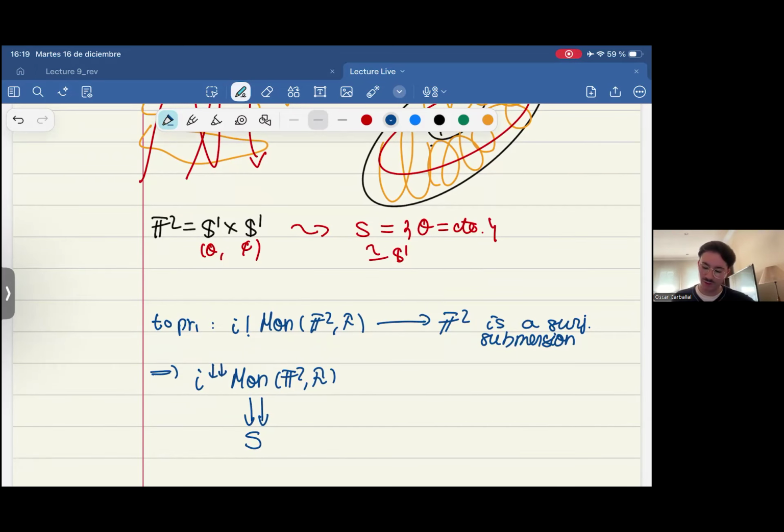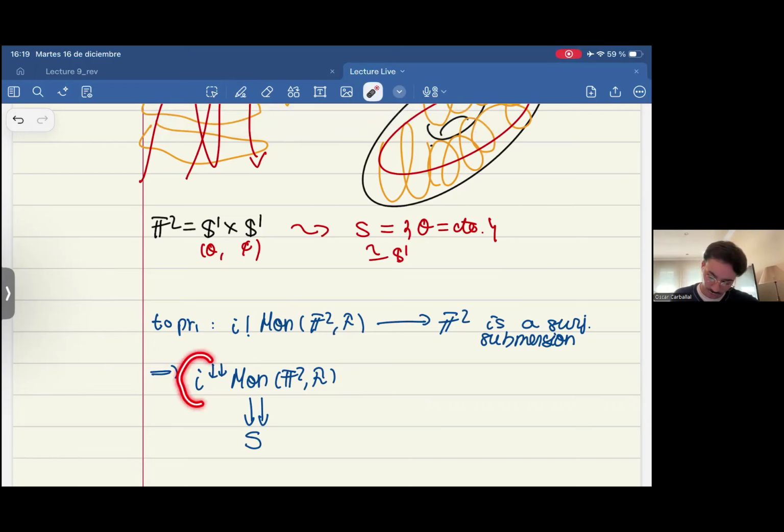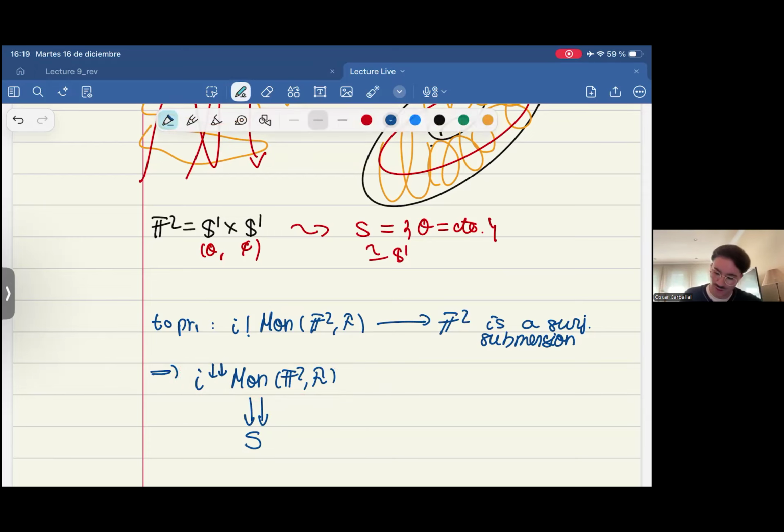But the important thing here is the dimension of the manifold of arrows, this thing here.